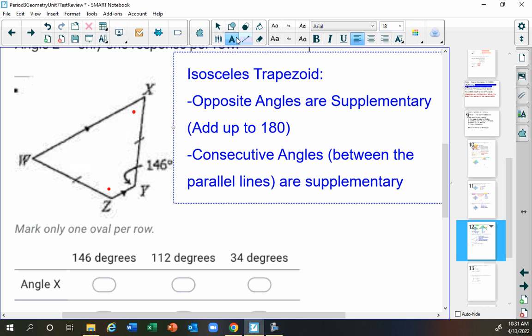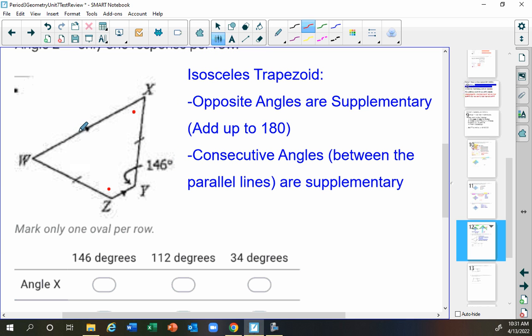They're going to tell you where the parallel lines are. So there, between the parallel lines, you're going to notice by the arrows. So look for those arrows. If you see the arrows, those are the parallel lines.